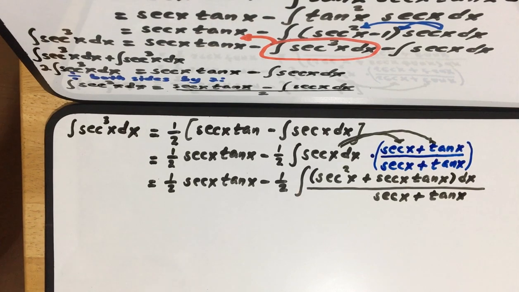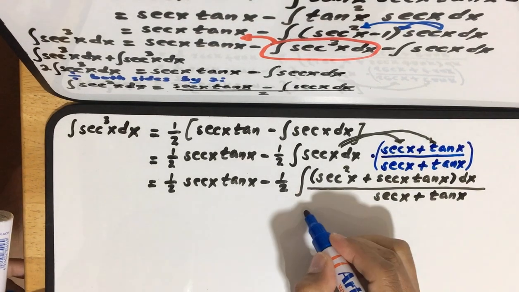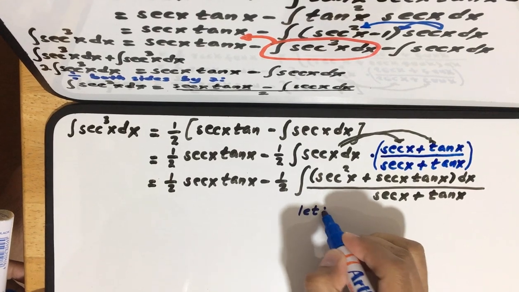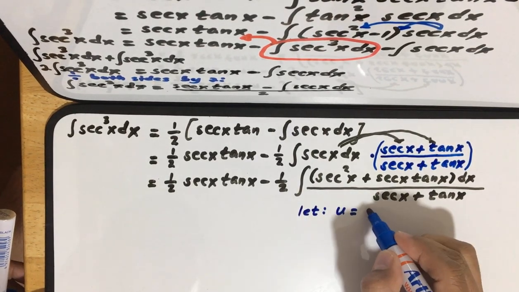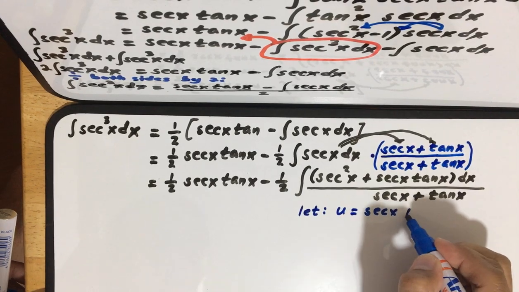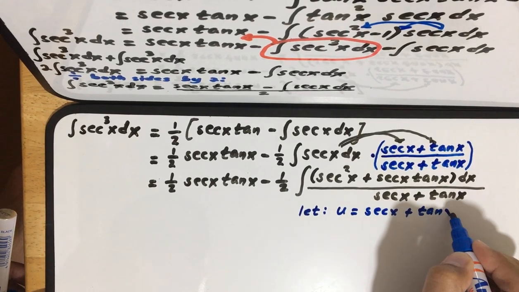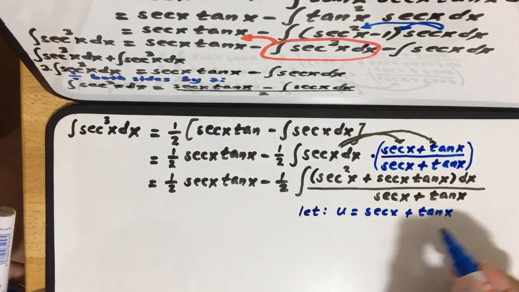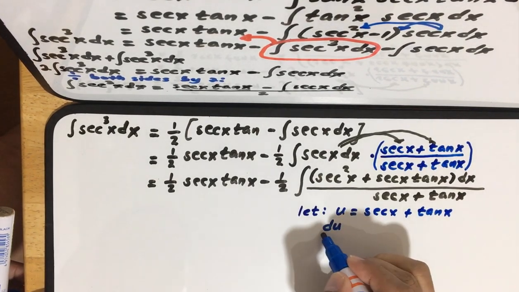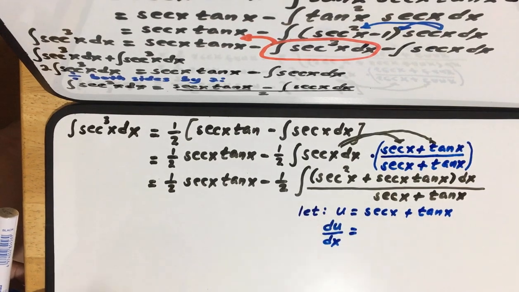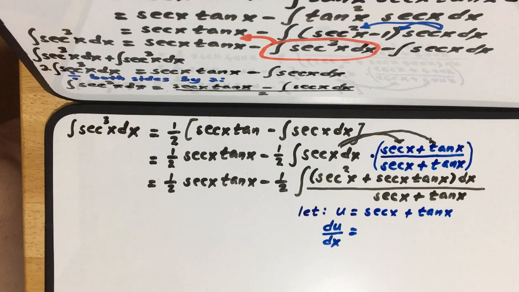Now, if we let the denominator be equal to our u, so secant x plus tangent x as our u, then when you take the derivative of this with respect to x, the derivative of u with respect to x is equal to, what is the derivative of secant x? We have a formula that the derivative of secant u is equal to secant u tangent u.